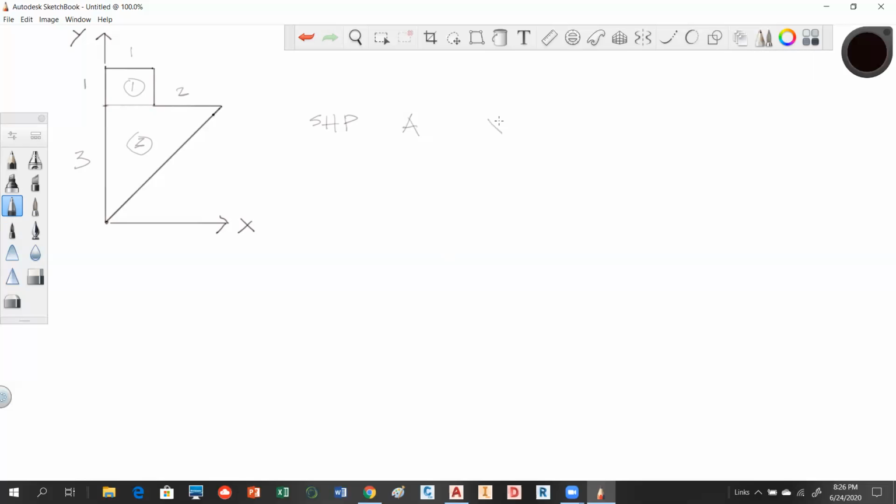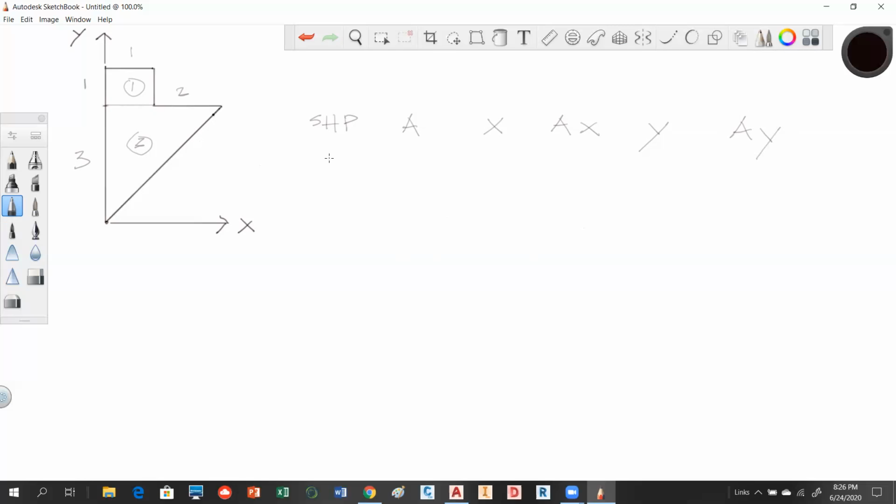Then we're going to calculate the x distance, which is the distance from the origin in x to the centroid or y-axis of that shape. Then we're going to multiply the a times x. Then we're going to calculate y, which is the y bar distance to the xx centroidal axis of the shape. We're going to multiply y times a. So we're going to end up with ya.